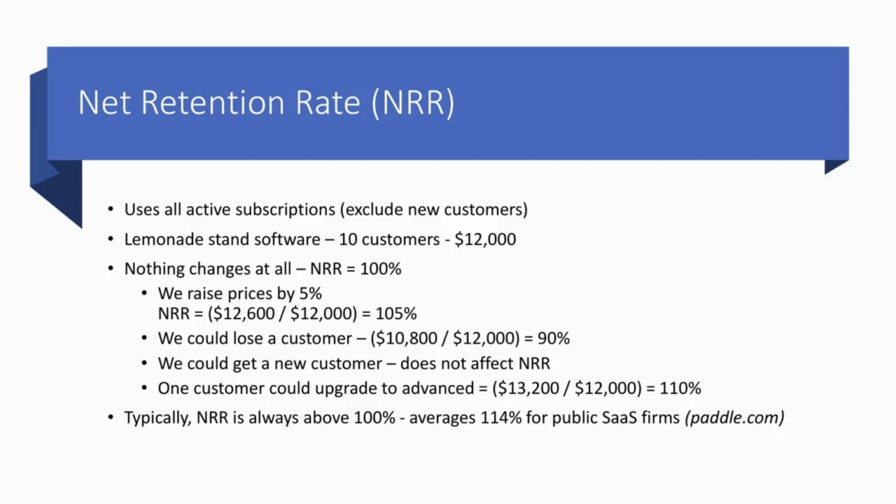So what we could have happen is a customer could upgrade to advanced. That's great. That means our net retention rate goes to 110%. The existing customers that we had before are now paying us 110% of the money that they did in the previous time frame. So typically, as you would expect, net retention rate is always above 100%. It actually averages about 114% for public SaaS firms.